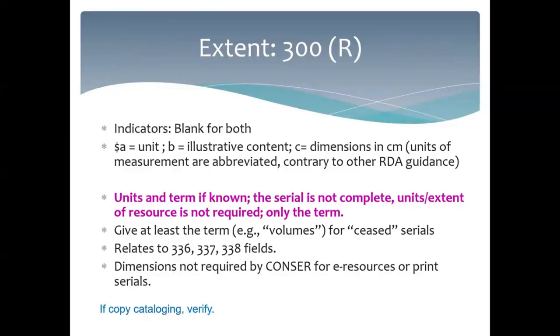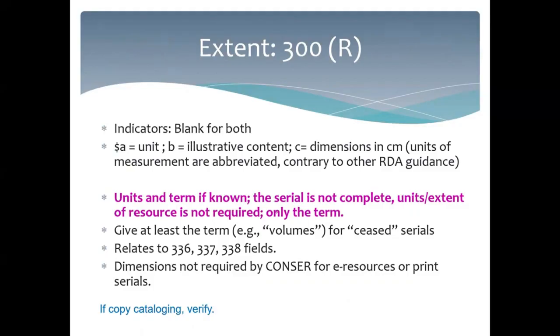300 field, the indicators are blank for both. The first subfield A is the unit where we talk about our unit of measurement and the term for that measure, our term for the extent and that unit for extent. And then B is our illustrations, and then C is the dimensions, typically in centimeters. For media, it's not in centimeters always.